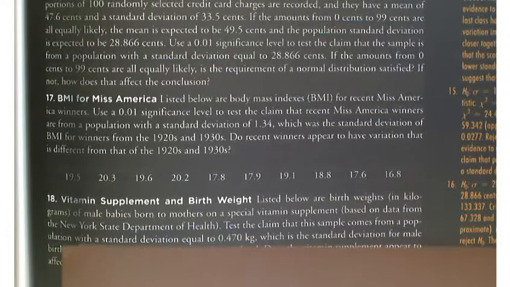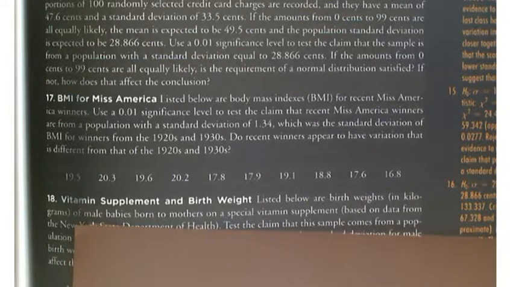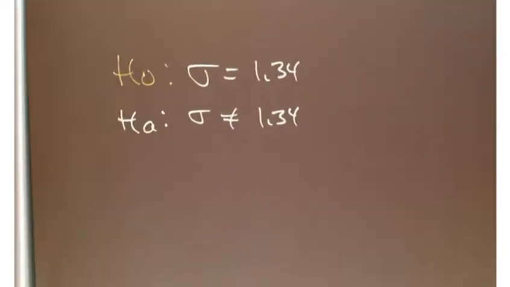Okay. Ryan? Yeah. So sigma equals 1.34 and sigma is not equal to 1.34. So there's one population, so we only need to list one parameter. Don't necessarily need to subscript that one because it is just one population. So cool.